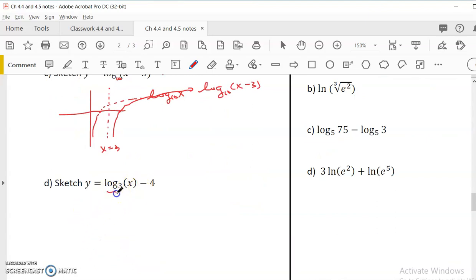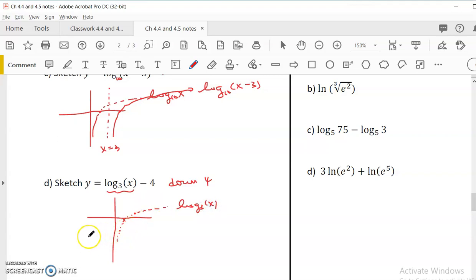But this one, log 3 x minus 4. This is a parent function because it's just log base b x. And then minus 4 means down 4, right? So I don't move anything. It's just the whole thing shifted down 4. Log 3 x, because 3 is greater than 1, always has a 1 here and then grows very slowly. So this is just log 3 x.